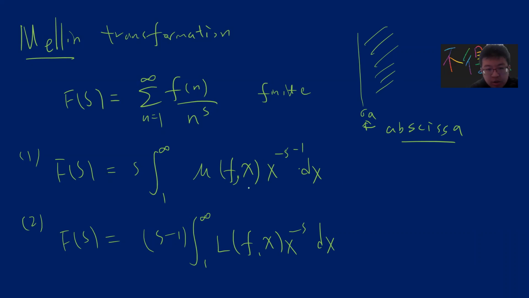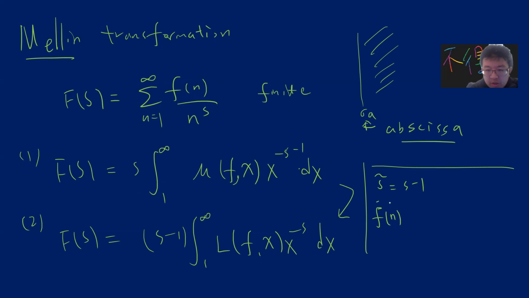Let's do a quick proof from 1 to 2. I think 1 to 2 is very simple. Let s tilde be s minus 1, and you can define f tilde of n to be f of n divided by n.